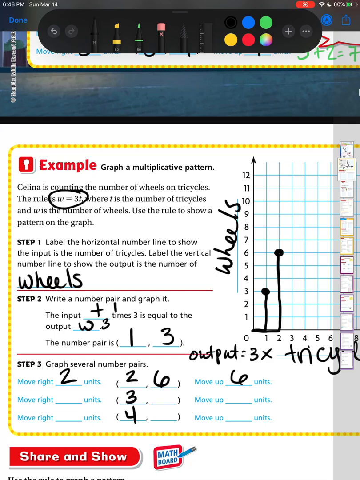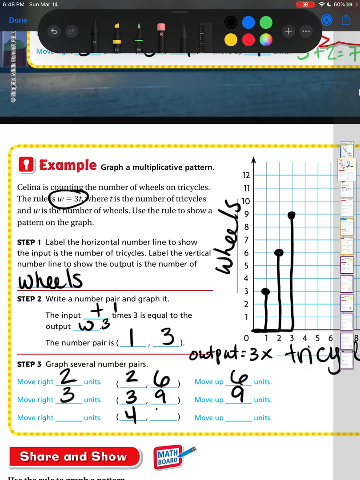If we did 3, our output is equal to 3 times our input, which is 3. So 3 times 3, that is 9. We'd move to the right 3 units, and then we move up 9 units. So we're going to go over 3, up 9, right here. And then same thing for 4. If our input is 4, our output is equal to 3 times our input. So 3 times 4 is 12.